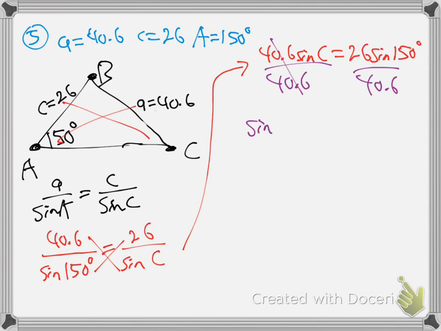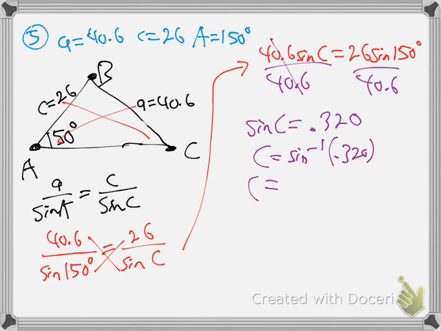And so we've got sine of C equals whatever that is. I'm getting 0.320. You guys getting that? And then C is the sine inverse of 0.320.